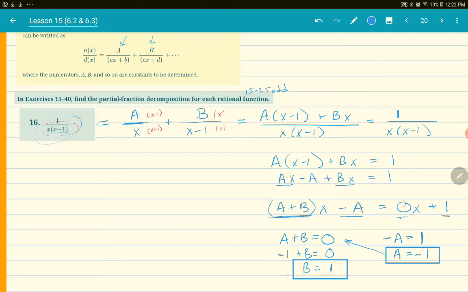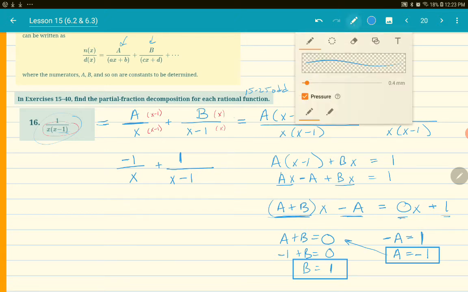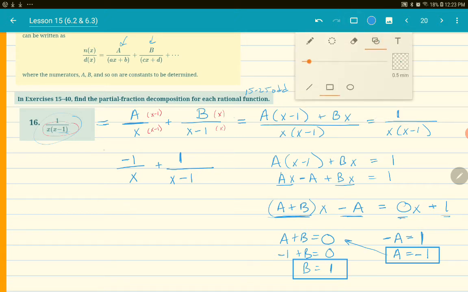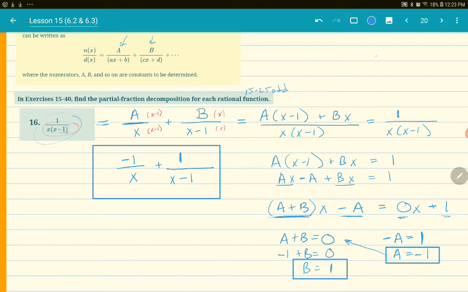So a over x is now going to be negative 1 over x. And my b over x minus 1 is now going to be 1 over x minus 1. So there is my partial fraction decomposition.